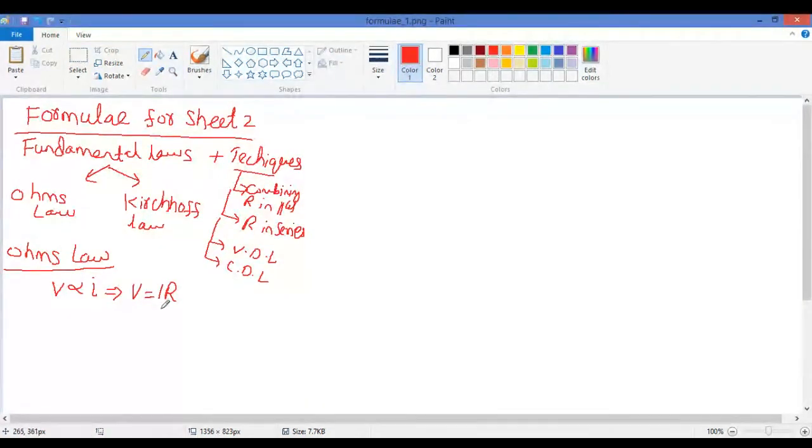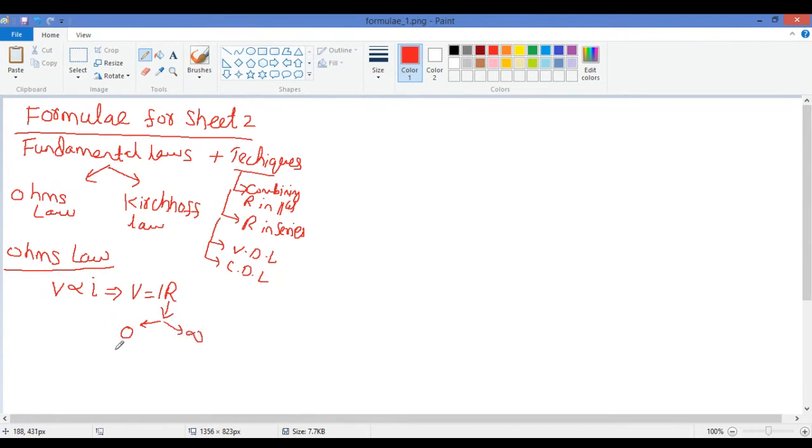Now the thing you need to understand is this resistance R. There are two special values for R. What happens if the value of R is 0, and what if the value of R is infinity?